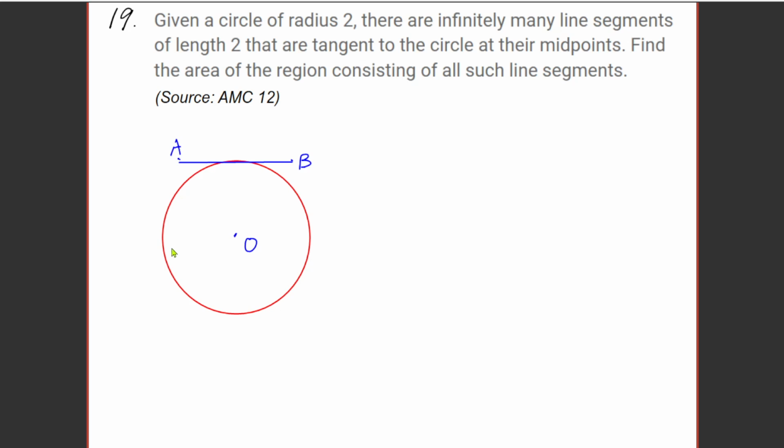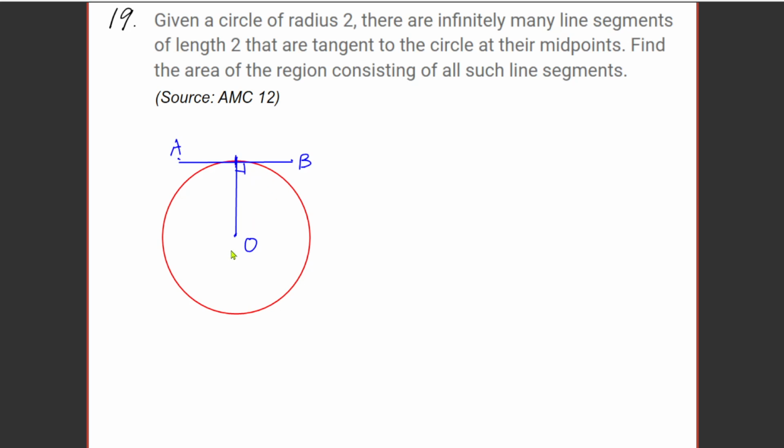Since AB is tangent to that circle at its midpoint, the radius from O to the midpoint of AB is perpendicular to AB, right? You should be able to see that. So this angle here is 90 degrees.